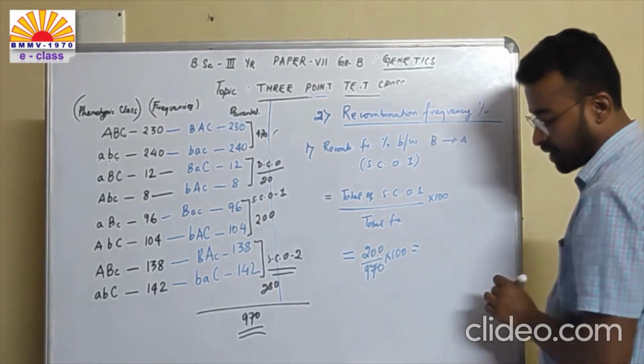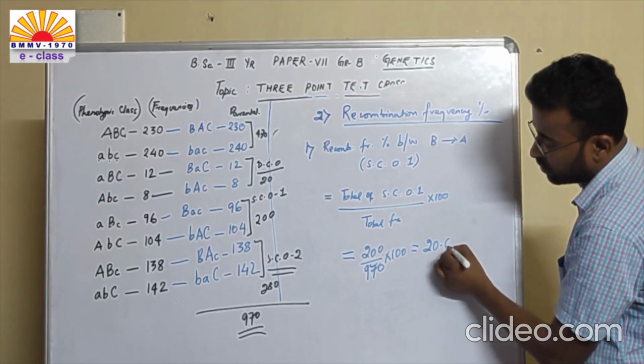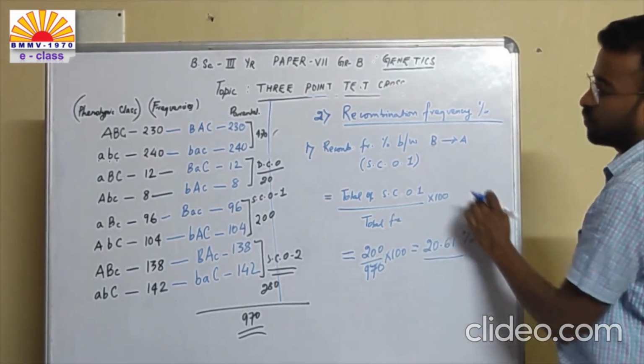That will come around 20.61%. Okay, so this is single crossover 1.